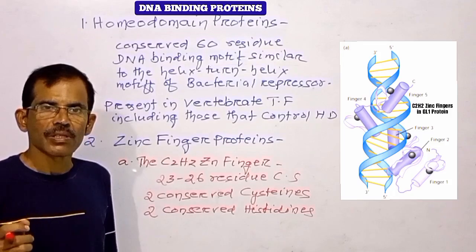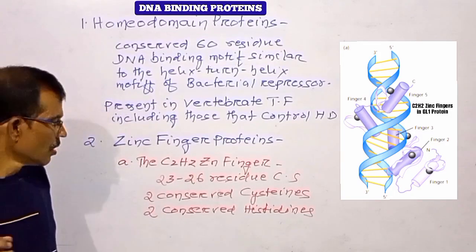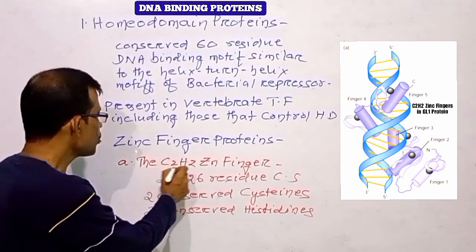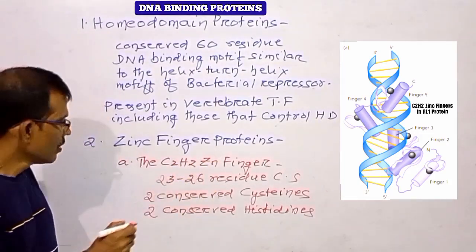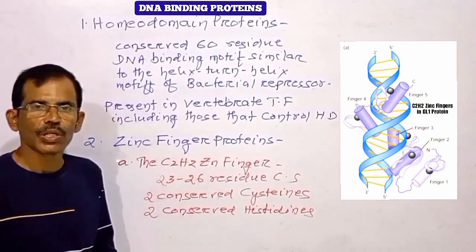Because of the presence of two cysteine residues and two histidine residues, such a type of zinc finger is known as C2H2 zinc finger. C stands for cysteine and H stands for histidine.